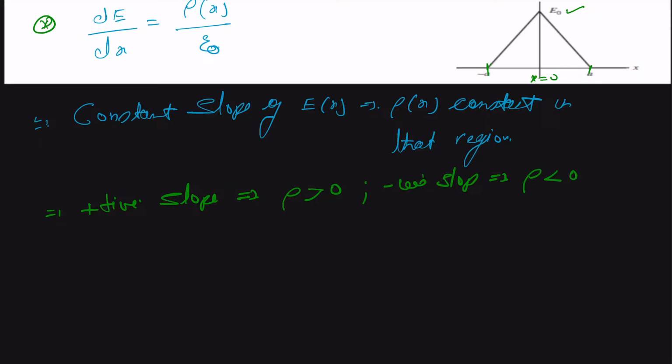Therefore, from the figure we can clearly see that in the first region, between our minus a and 0, the electric field is having a positive slope. Okay. And between 0 and a, it is having a negative slope.